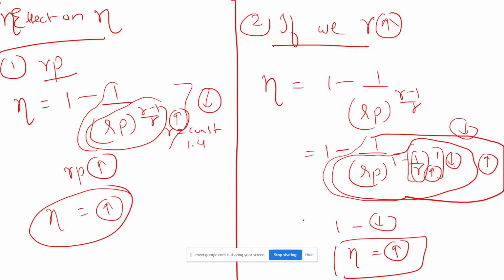Then 1 minus a decreased term will be higher, and because of this the whole term tends to decrease and efficiency improves. Okay, okay, sir.